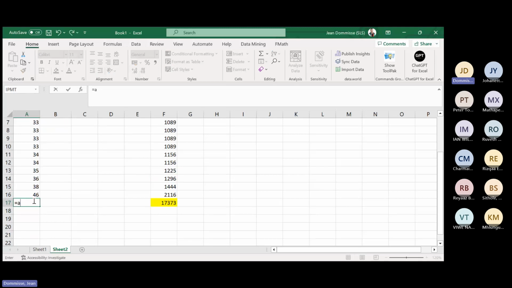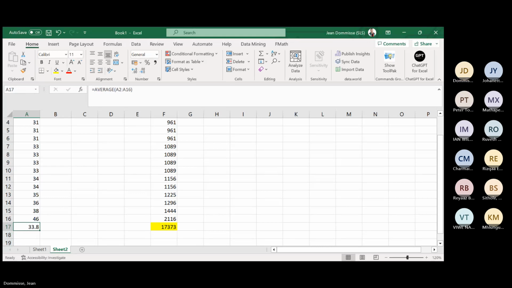So let's do the mean, and in Excel it's called average. There isn't a function called mean in Excel, so it's the average that we're working with. The average was 33.8. So let's just call that average slash mean so that you have it as well.